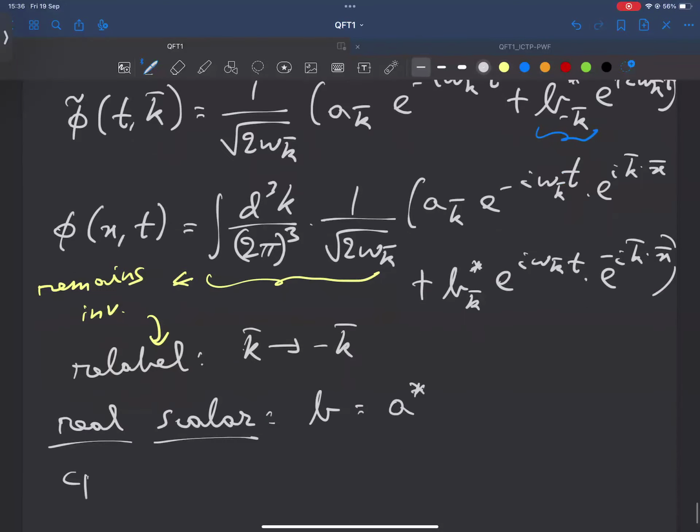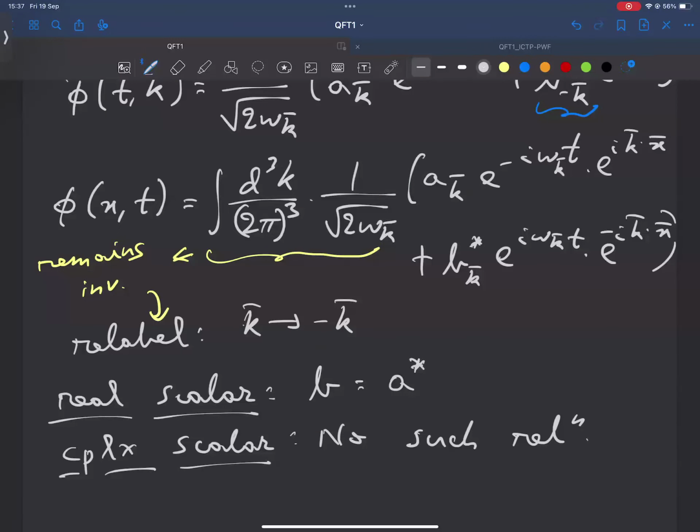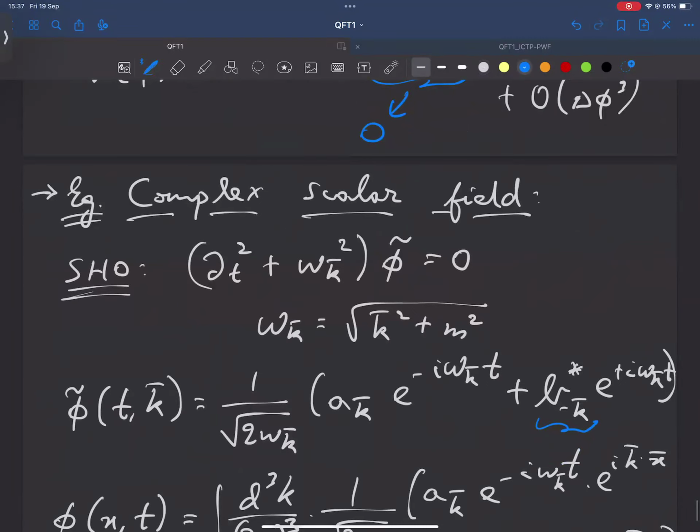But in the complex scalar field case, there exist no such relations because they are all independent oscillators, okay? And the way to check that is, so you see, I wrote down an equation for phi.